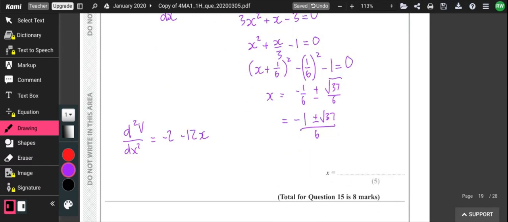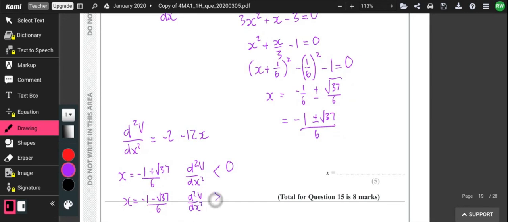So when we substitute in the first x value, x equals minus 1 plus root 37 all over 6, then the second differential is going to be negative. And when we put in x equals minus 1 minus root 37 over 6, then the second differential will be positive.